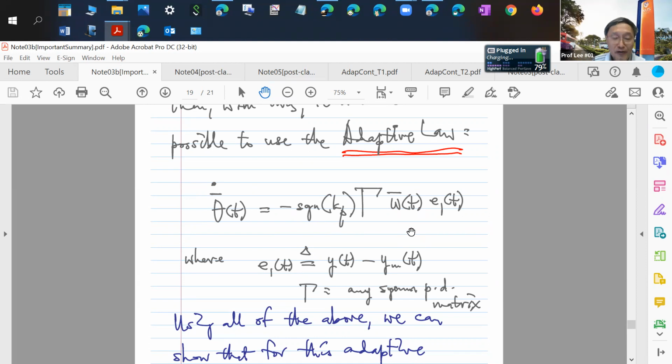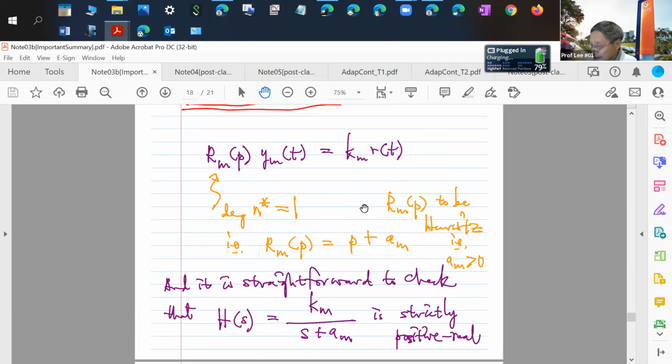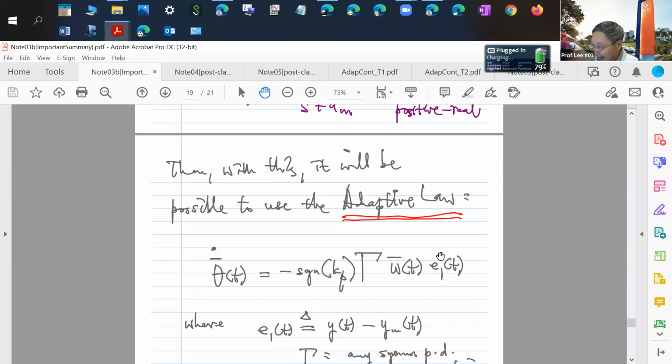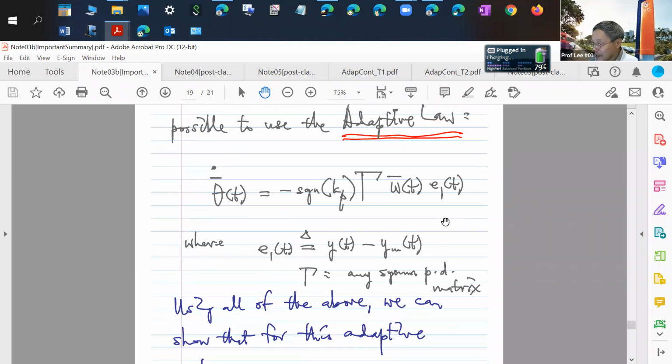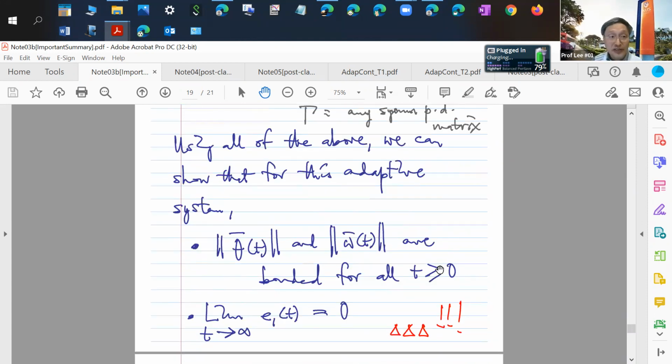The bulk of what we did last week was to say that if indeed we look at the case with relative degree equals 1, and the reference model comes out to be strictly positive real, then it does turn out that we can use this very direct type of adaptation and still get these very powerful results. So the bulk of what we did last week was, we claim we did this, let's show it. So that was the bulk of what we did last week.